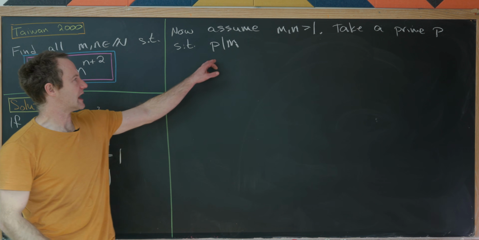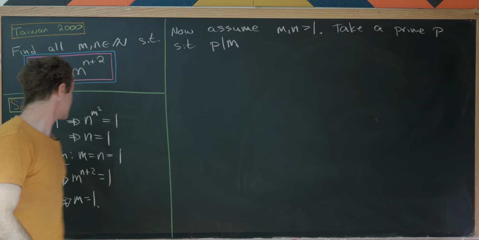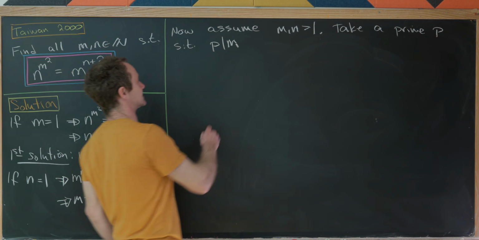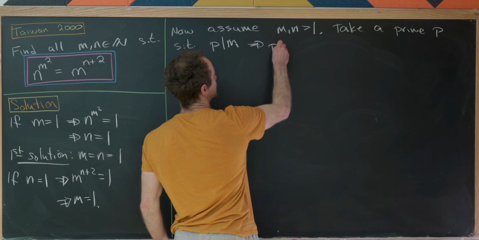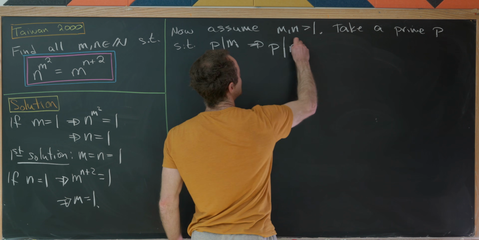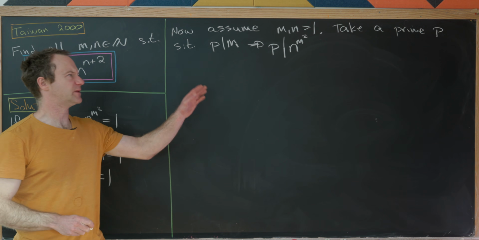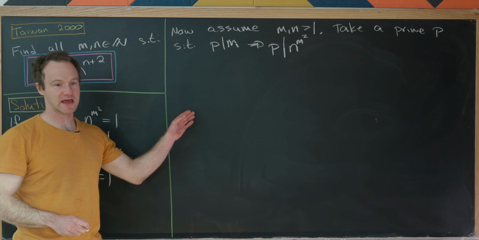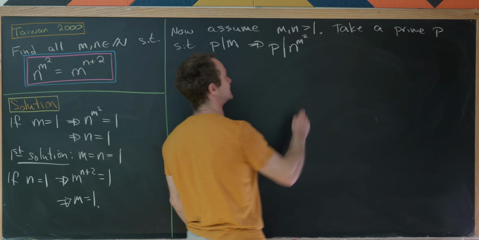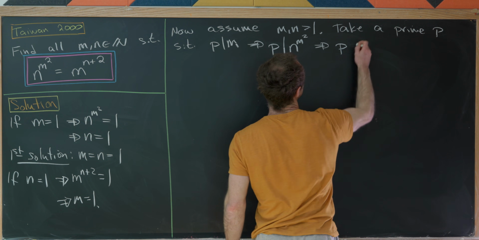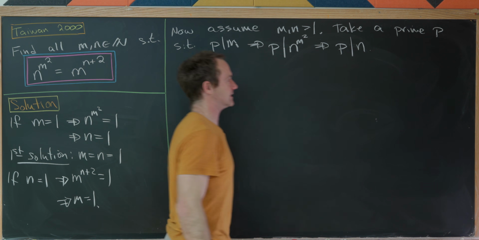Okay, but now if p divides m, then that means p divides the entire right-hand side. But that means p divides the left-hand side as well. So that means we have p divides n to the m squared. But if p divides something with a base of n, then that means that p must divide n. So we have p divides n.